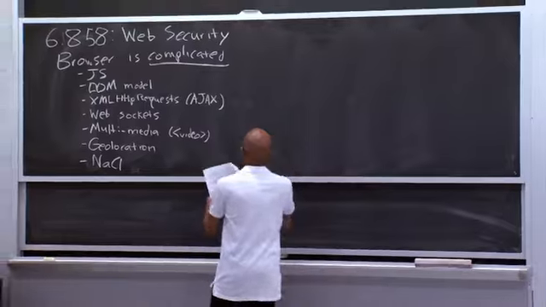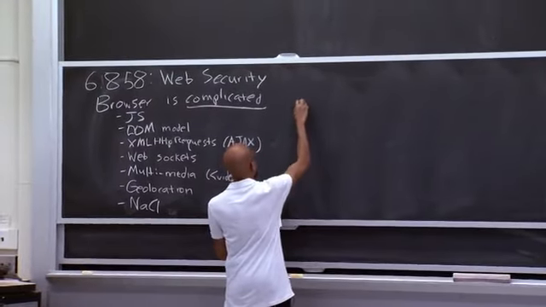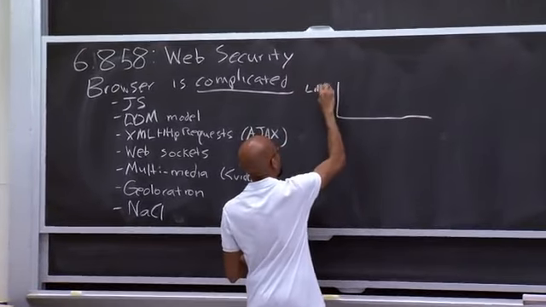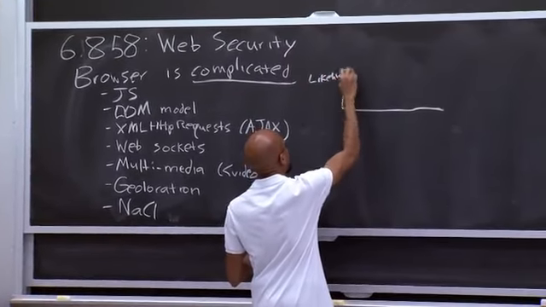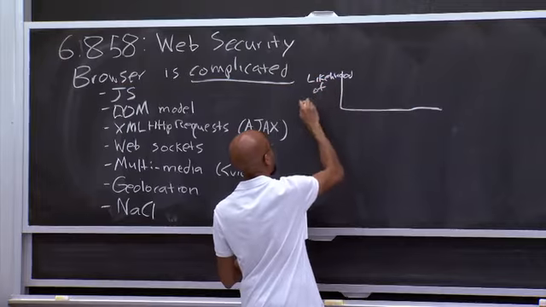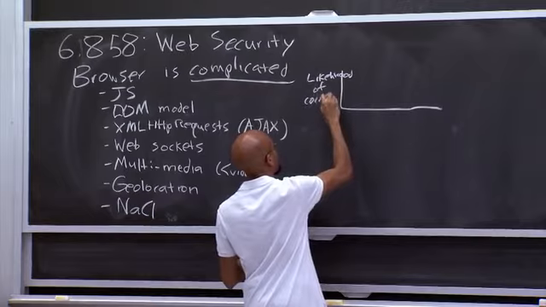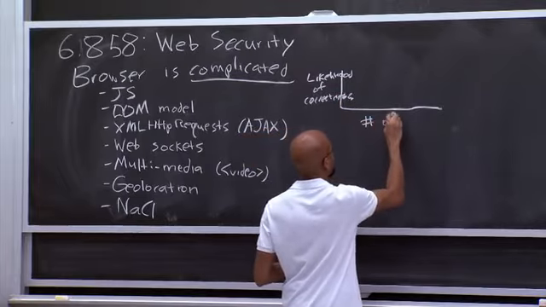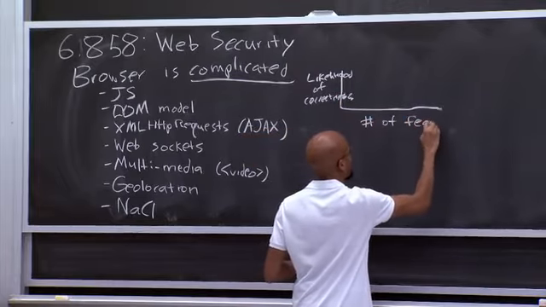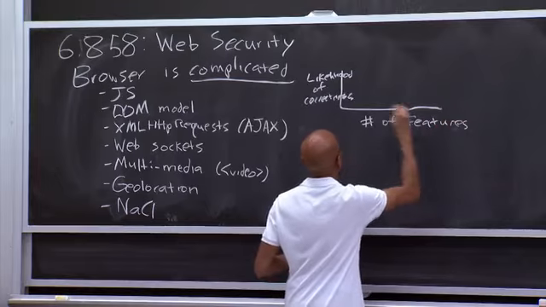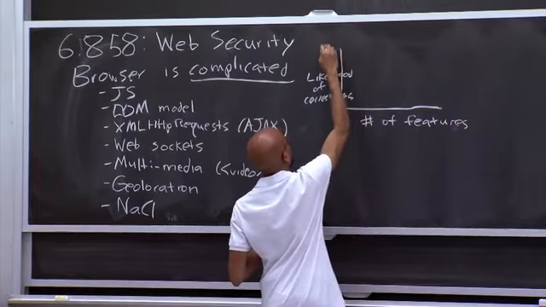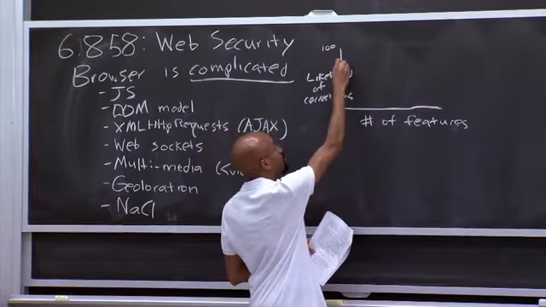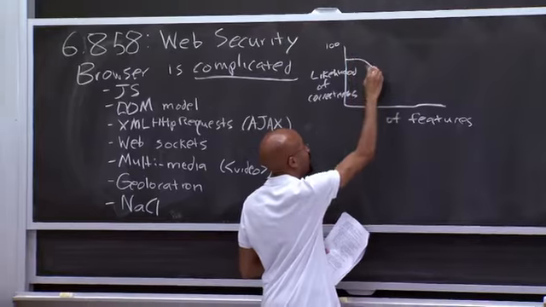And loosely speaking, when you're thinking about security, you can think of a graph that sort of looks like this. So you've got the likelihood of correctness, and then you've got the number of features that you have. And so if this graph starts up here at 100, well, of course, we never even started at 100 even with very simple code because we can't even do bubble sort right.